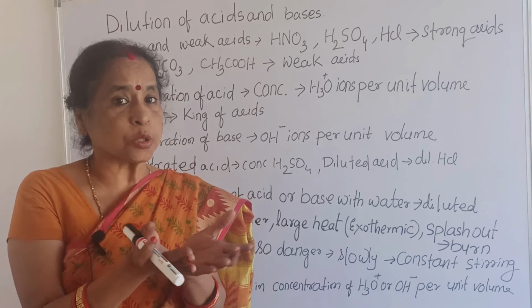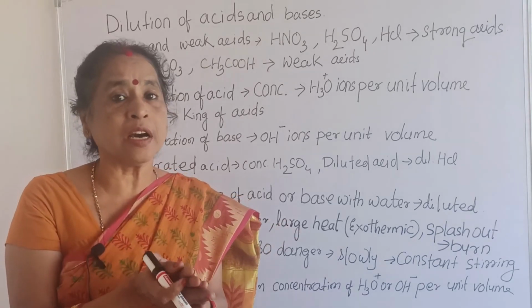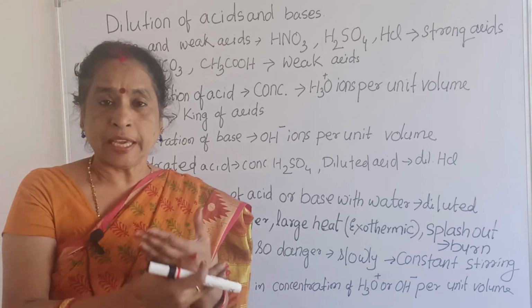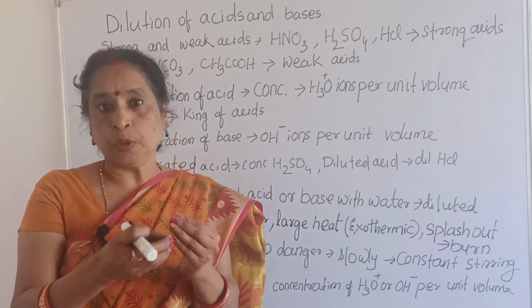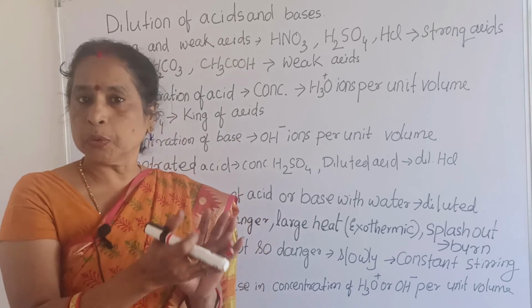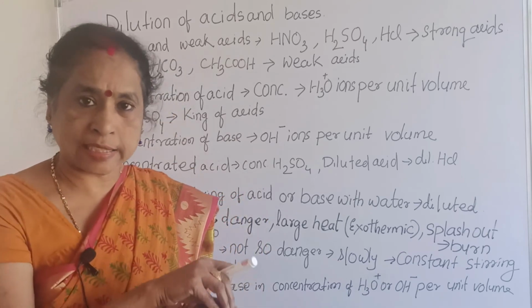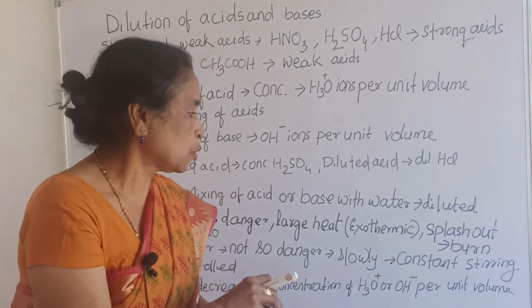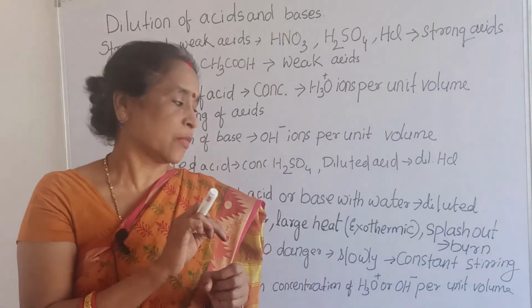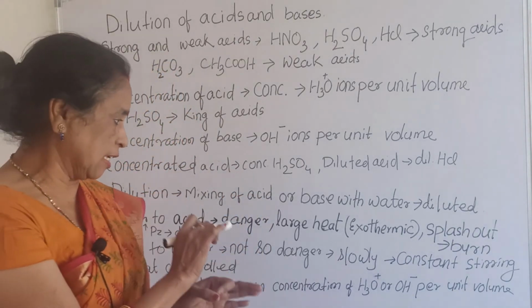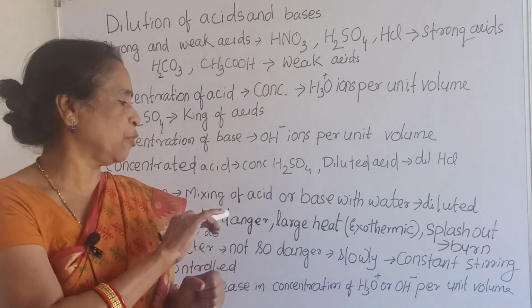And also observe the outside of the container, whether it is becoming hot or not. If it becomes hot, then wait for some time. After cooling, again add acid drop by drop or 1 ml by 1 ml. You should keep stirring. Here, acid to water is not so dangerous, but slowly add.